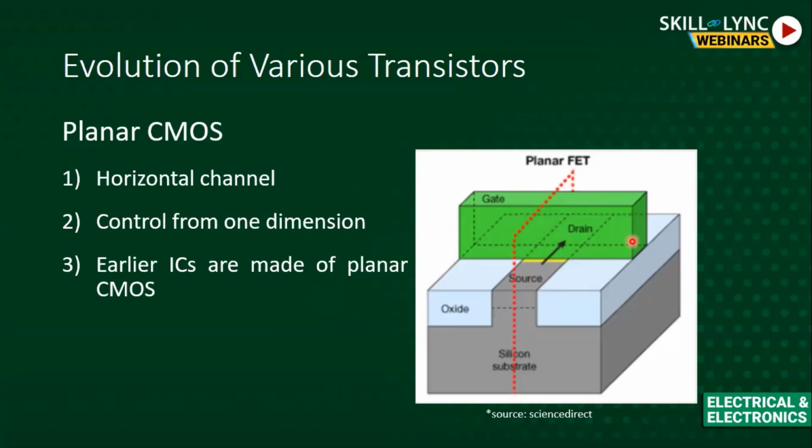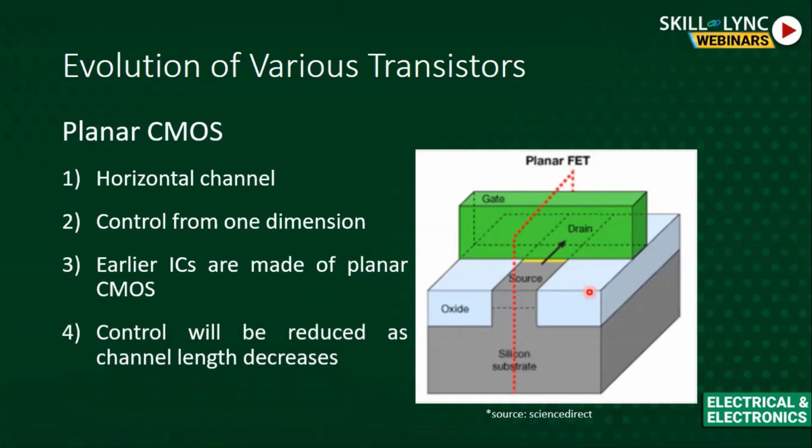Planar CMOS was serving our purpose back then, but as the technology node shrinks, it started losing its credibility, and we see more disadvantages than advantages. Control is reduced as the channel length keeps decreasing.